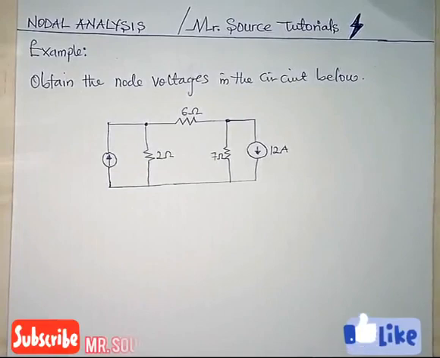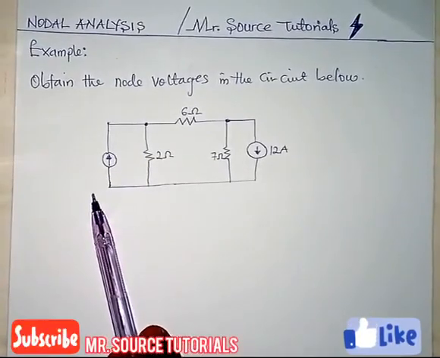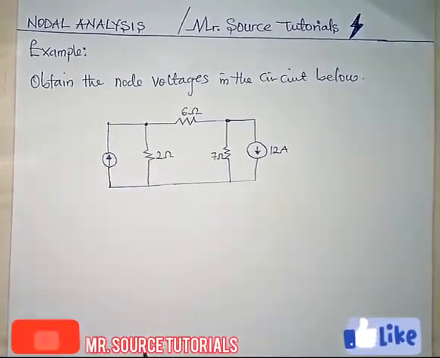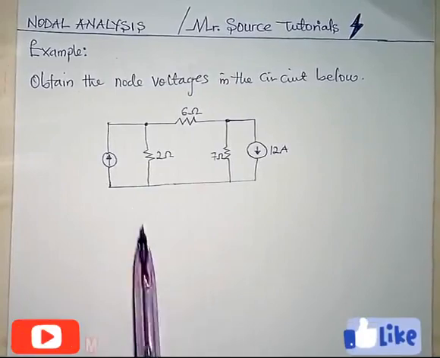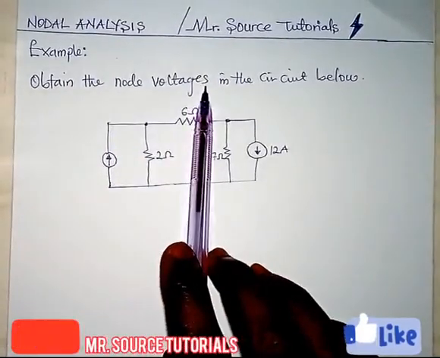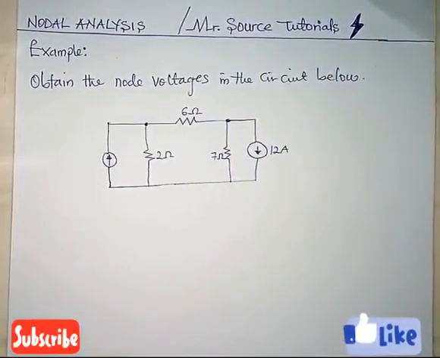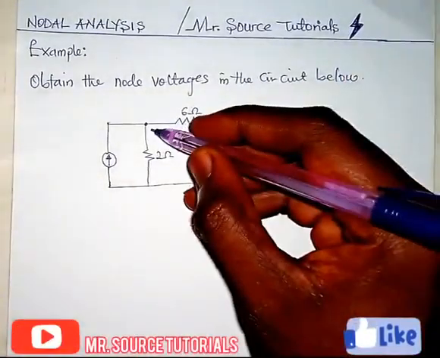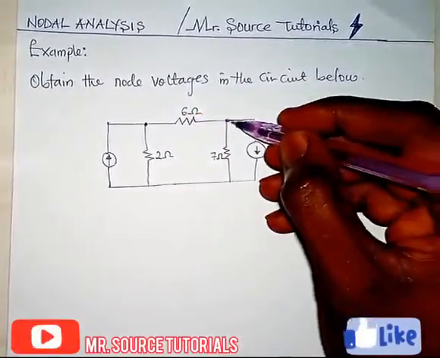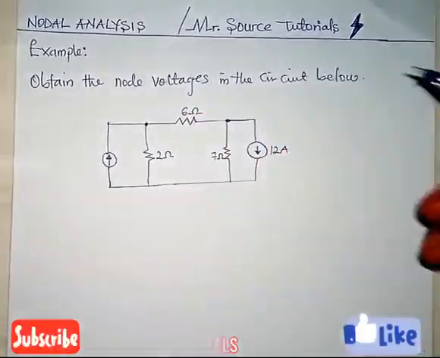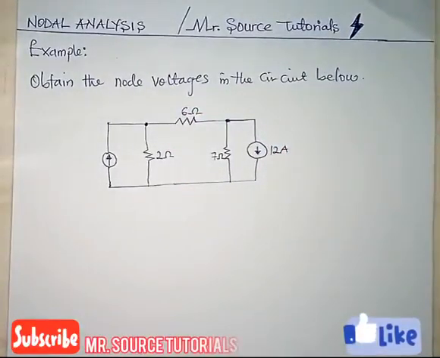Let's consider a simple problem like this as an example. The problem says, obtain the node voltages in the circuit below. Remember from what we defined as a node before, this is our node. This is our node. The first thing you have to do is select the reference node.